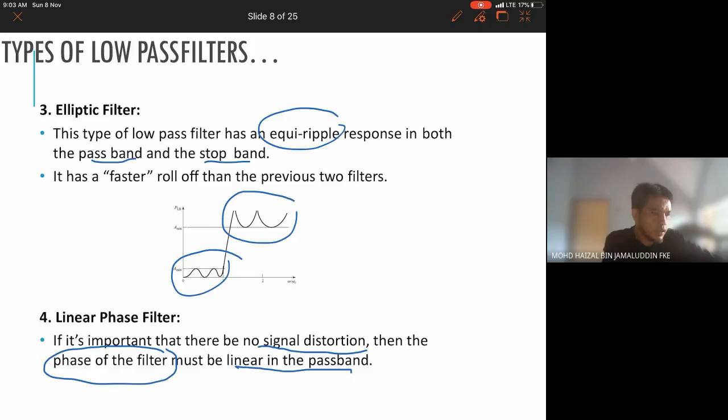Okay. We continue our course for the filter design. Generally, the procedure for designing this filter can be summarized in 3 steps.